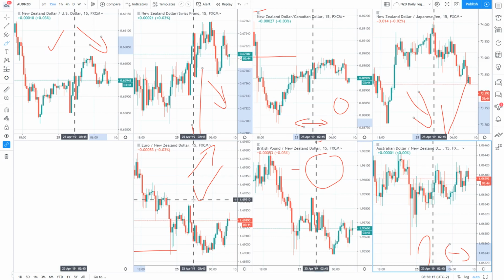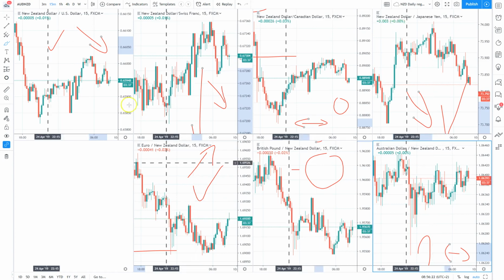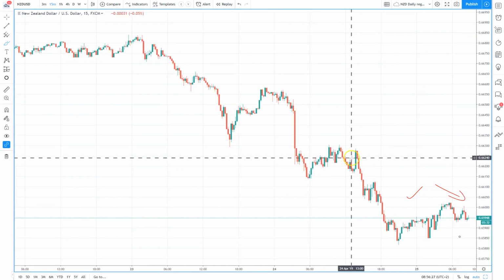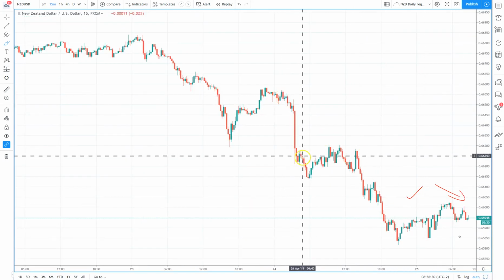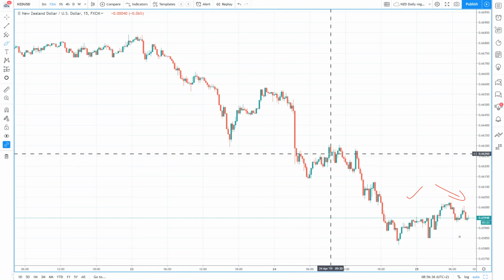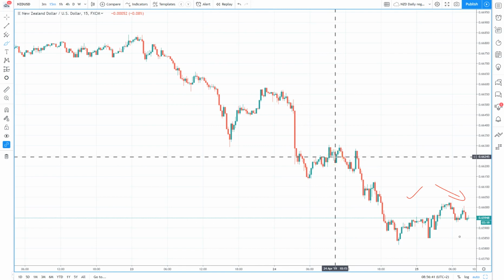So we can tell that if we on 4 pairs, or even if it's just on 3 pairs, we have that clear pop that we had on New Zealand USD here, and with pop I mean this push here, and then we have a pullback that is showing a similarity across all these pairs, that there's a high probability that they're going to stay in sync and the trade is going to play out.